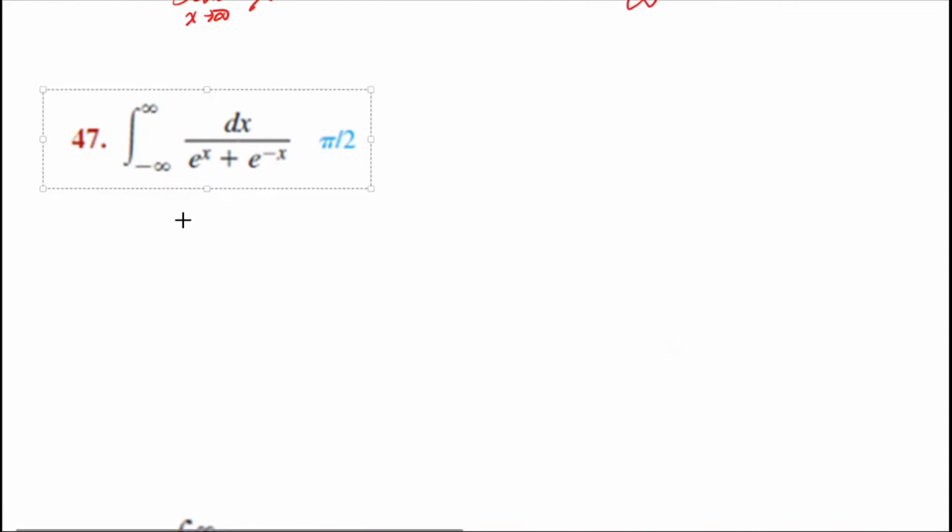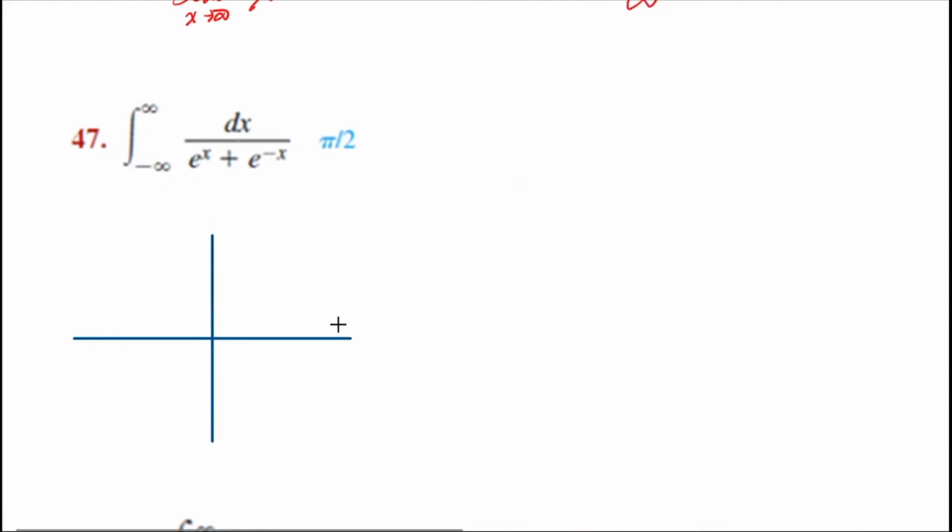So, say we have this thing. If you substitute 0, what do you get? You get 1 and 1, so we have 1/2. Say 1/2 is up here. And do you see this thing dying out like this?